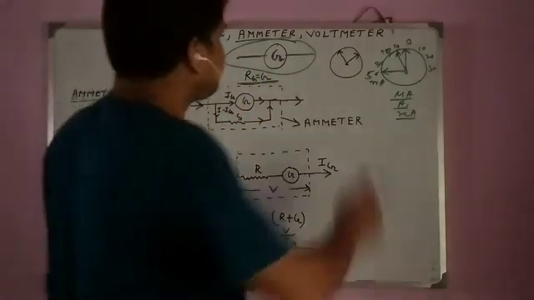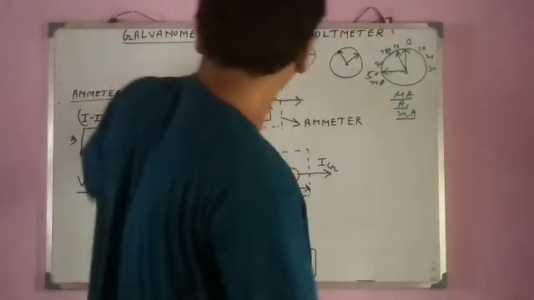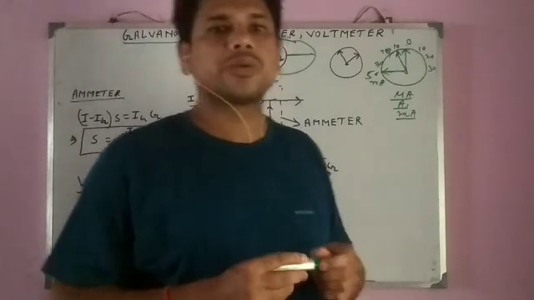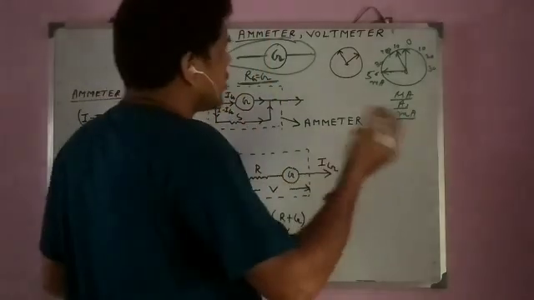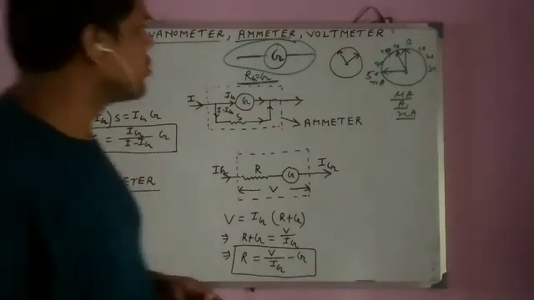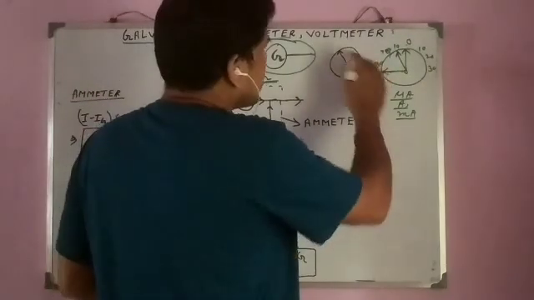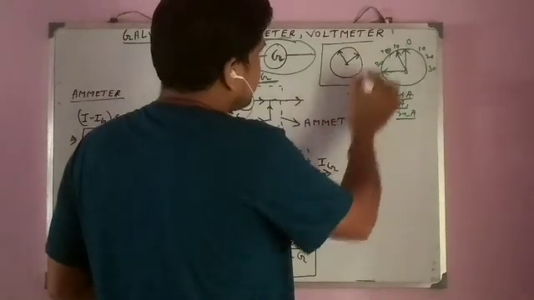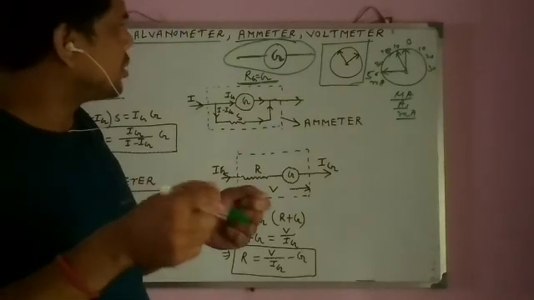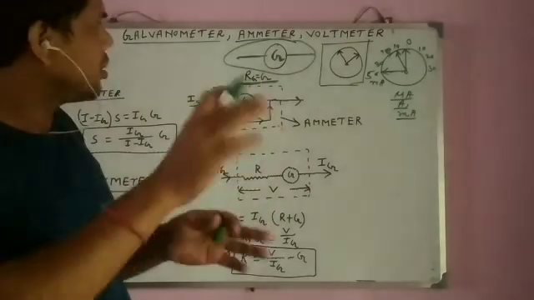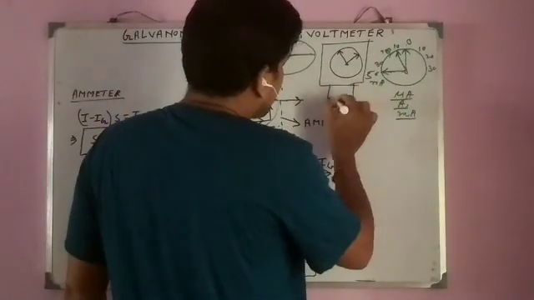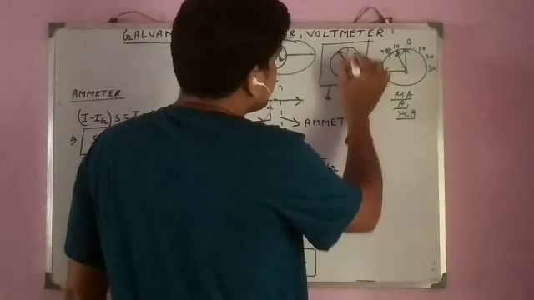Before moving towards ammeters and voltmeters, we first have to know a little bit about the galvanometer. I already told you that the galvanometer is a current detecting instrument. Physically, inside the galvanometer there is a two inch box, and a needle is present there.